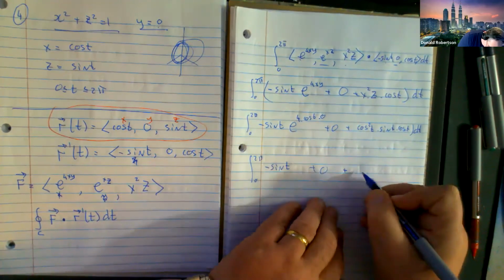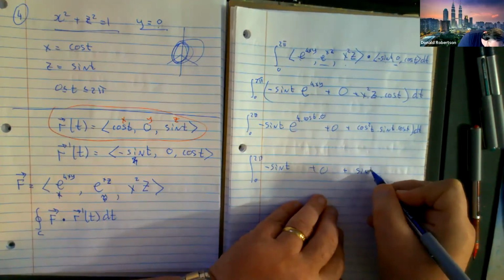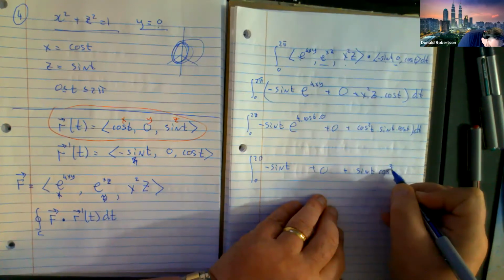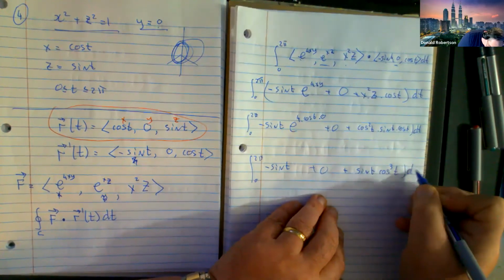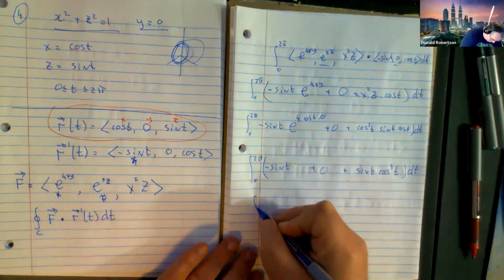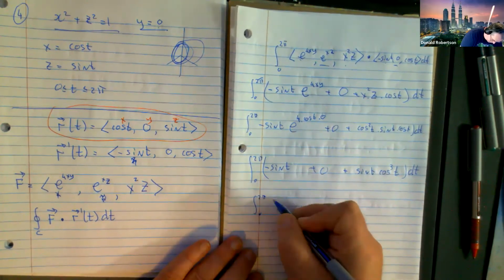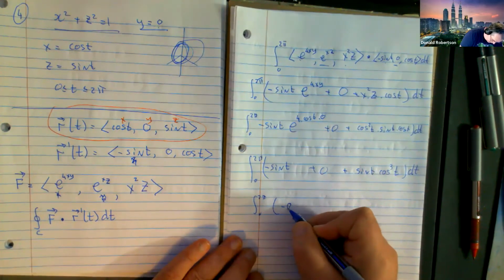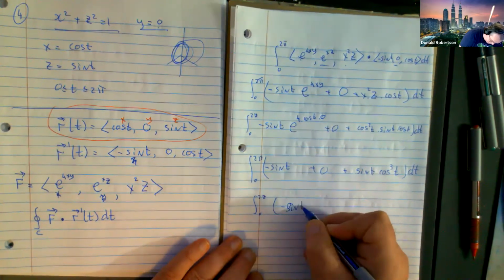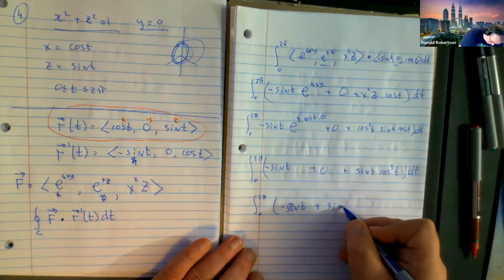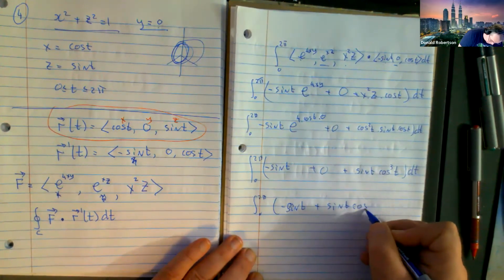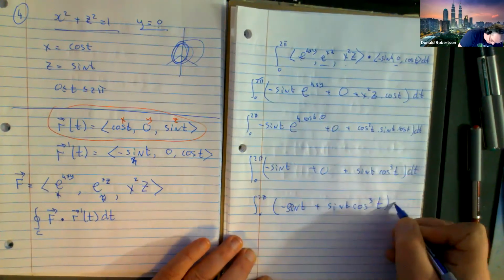So I now get sine t cosine cube t. Probably made a bit more of a meal than this needs to be. It's going to be negative sine t plus sine t cosine cube t dt.